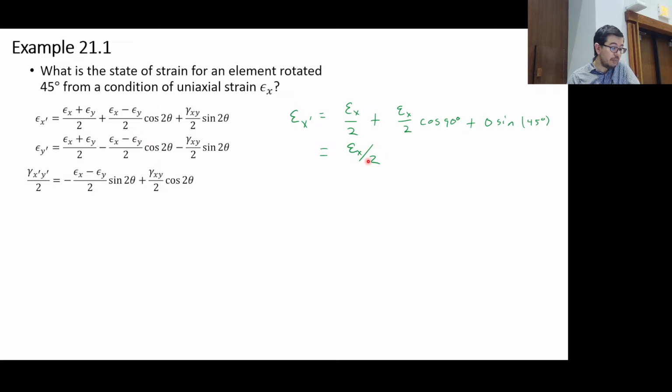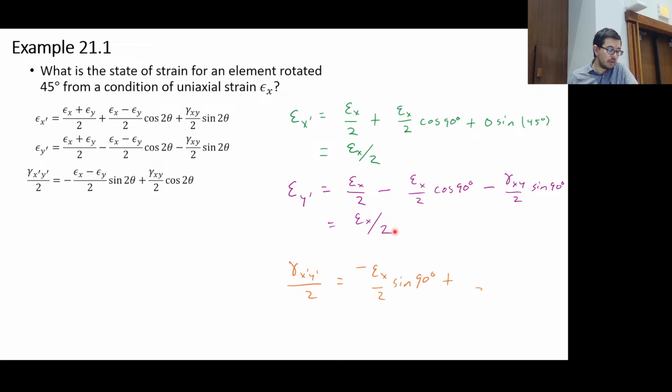This one at the top, we get epsilon x prime is going to be half of what epsilon x was. Epsilon y prime is going to be half as well. And we have that gamma x prime y prime divided by 2 will be equal to the negative of a half epsilon x. So that means that gamma x prime y prime is equal to minus epsilon x.